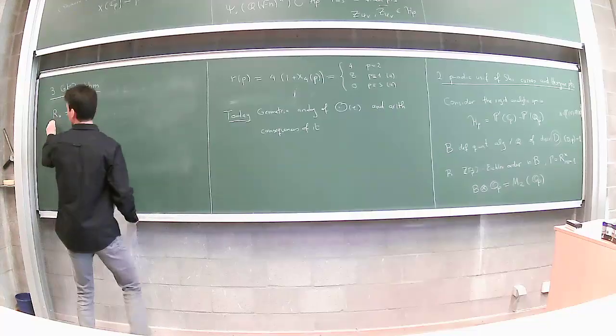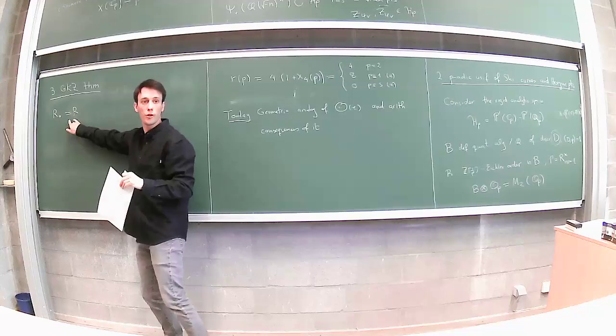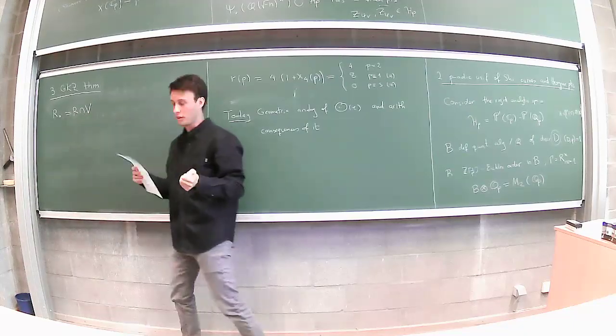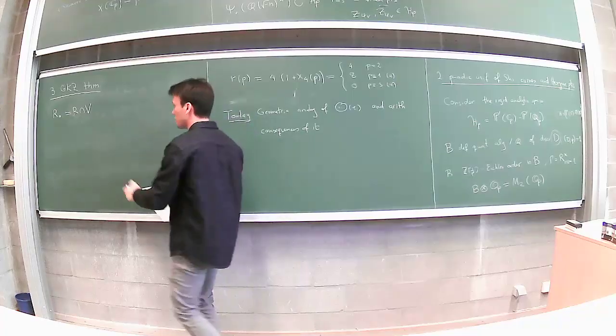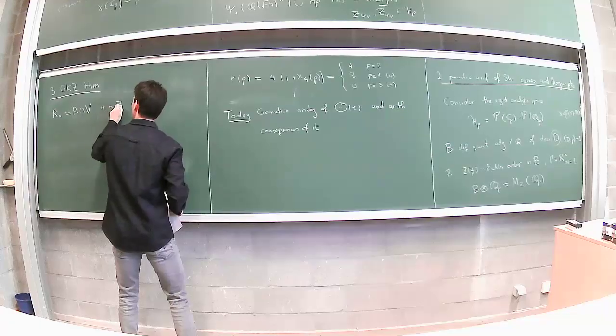So let me take R_0 to be the elements of our order that have trace 0, intersected with B. So this is a Z[1/p] lattice.